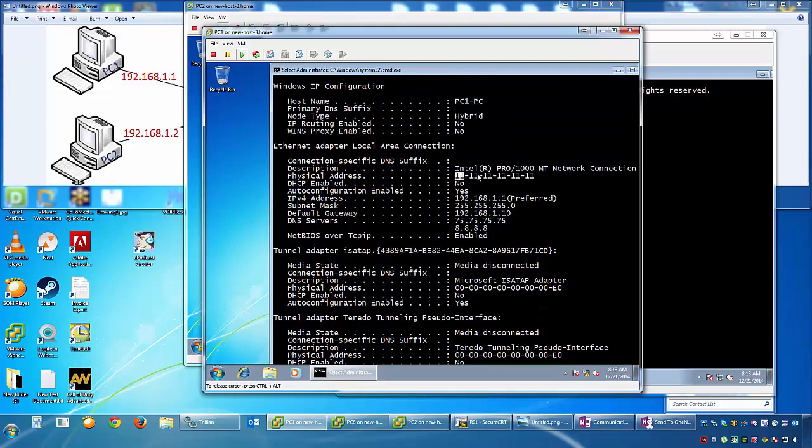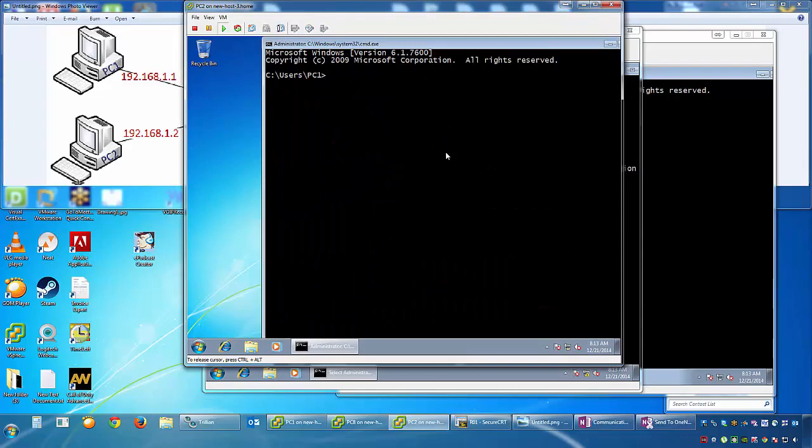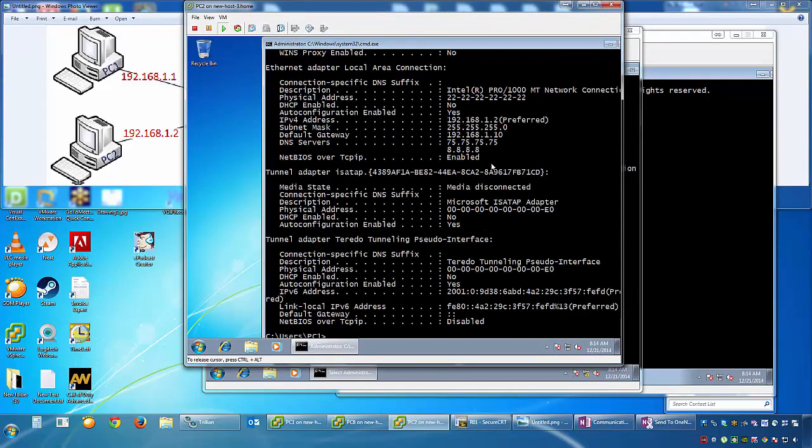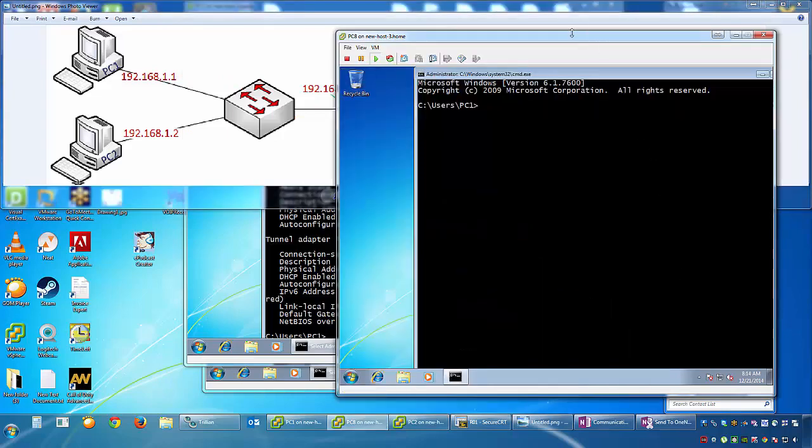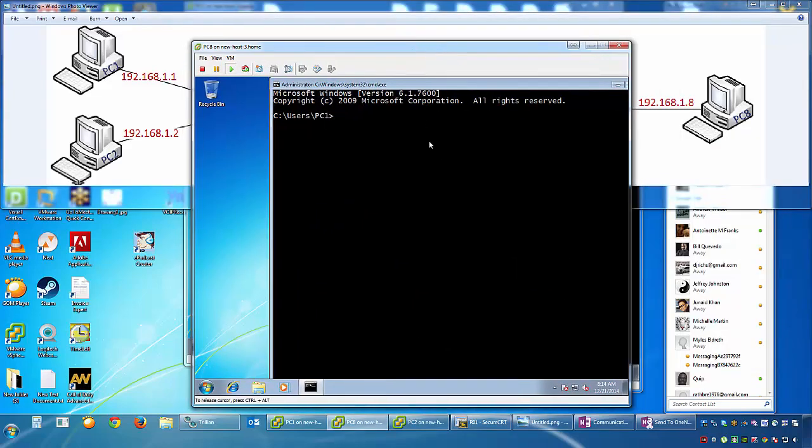And look at our interesting MAC address, all ones, saying that, hey, we're PC1. So let's take a look at this one. 192.168.1.2, as you can see over here, and look at our MAC address, all twos. Very easy, okay?